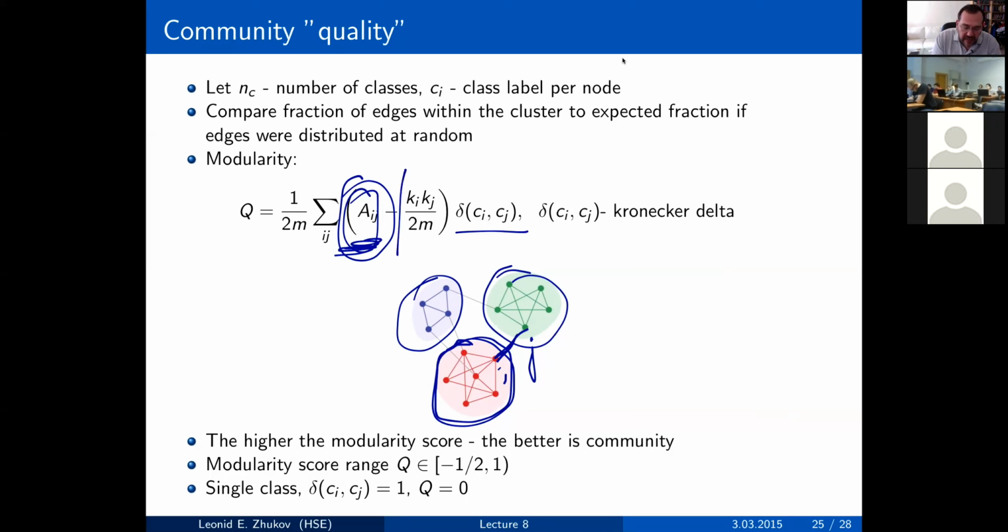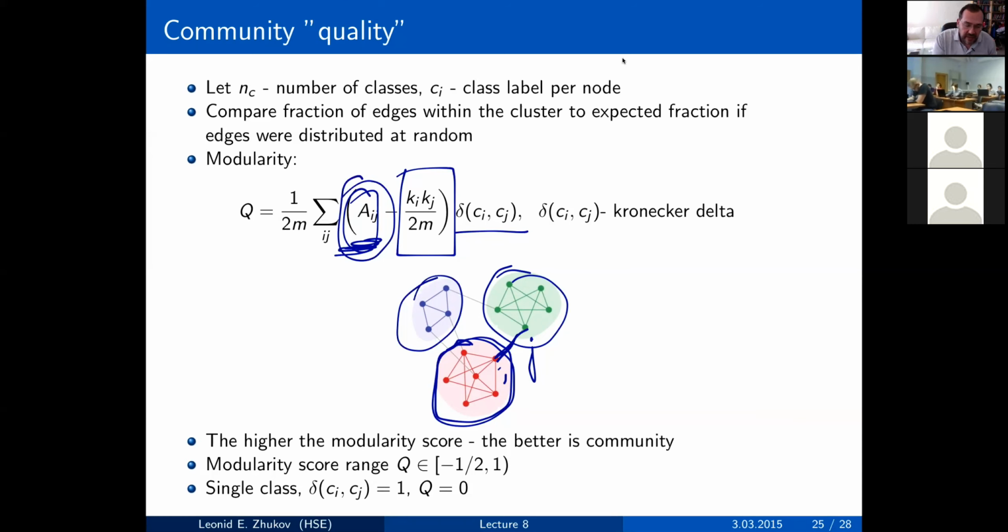And here, as we discussed last time, what we do is we subtract. This is the expected number of edges if the graph was random. This is the so-called null model. If you think about statistics, we would like to compare some values to the null model. If everything was random, we would have on average that many edges within the cluster.